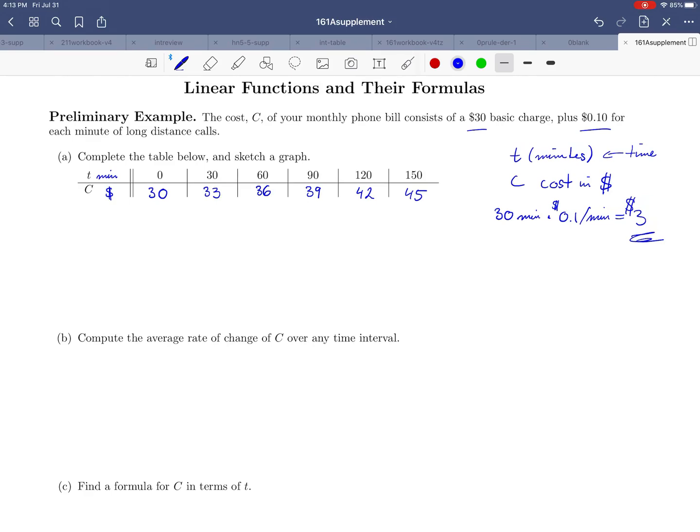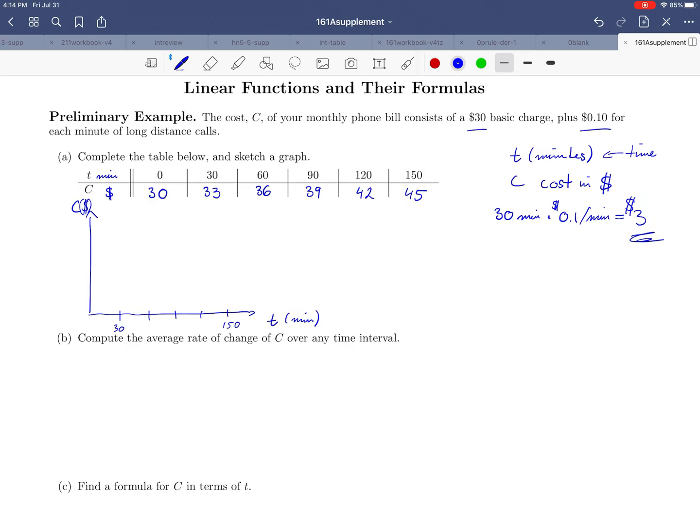We can also use that fact to make our life easy and draw the graph of this function. So we have time right here, t in minutes, and then we have cost right here in dollars. We know the numbers for 0, 30, 60, 90, 120, and 150.